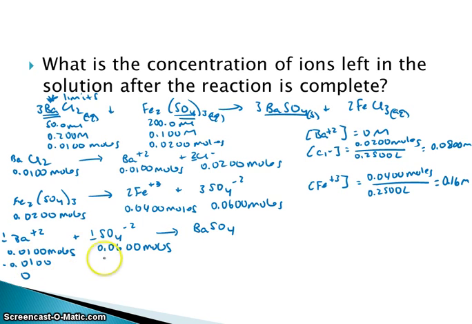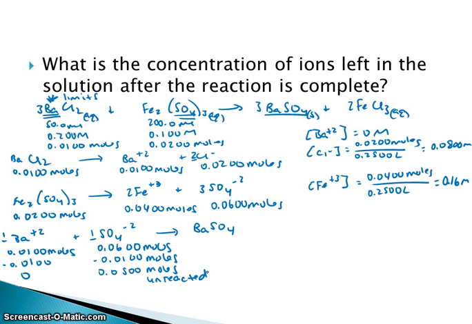If it's a 1-to-1 ratio, it means that 0.0100 moles of sulfate ion reacted. We had 0.06, now 0.01 reacts, so we're going to be left with 0.0500 moles of sulfate ion unreacted, or left in the solution.